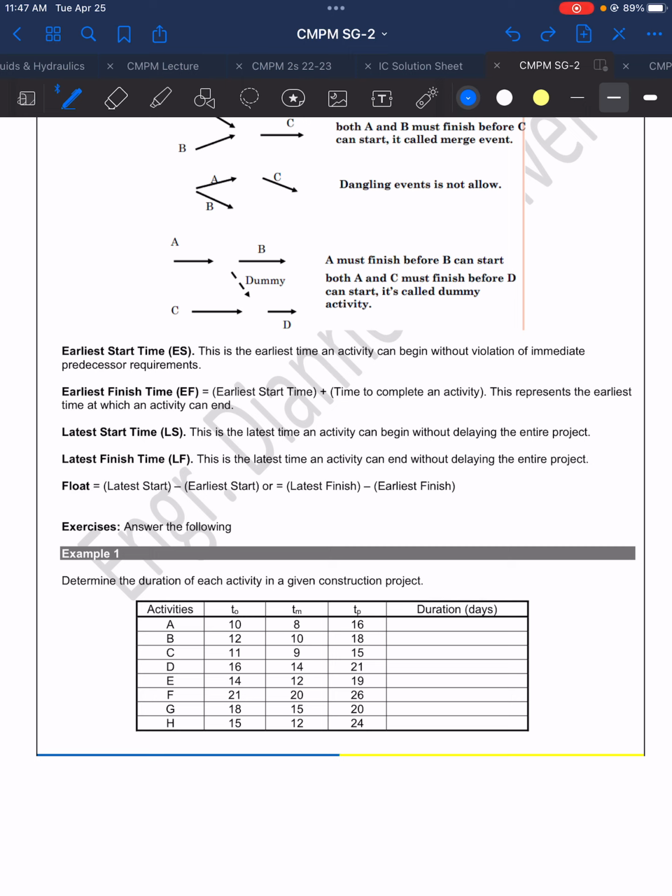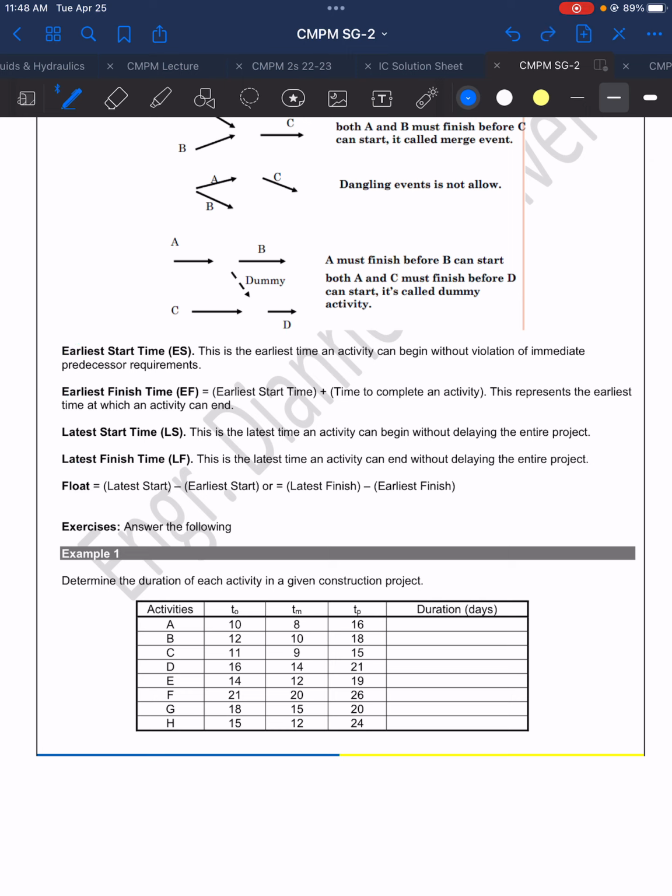So you must remember that. So the earliest start time, the earliest finish time, the latest start time, and the latest finish time should not adversely affect the duration of the entire project.